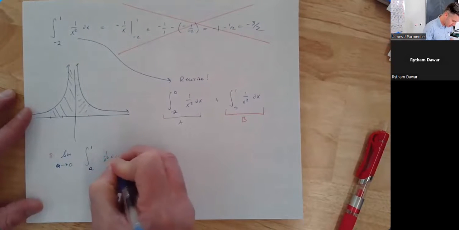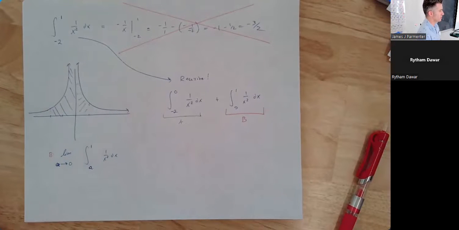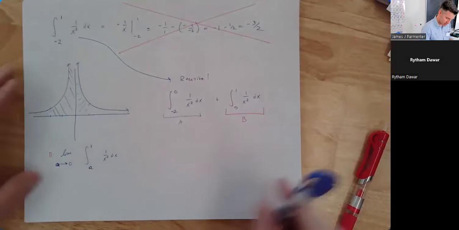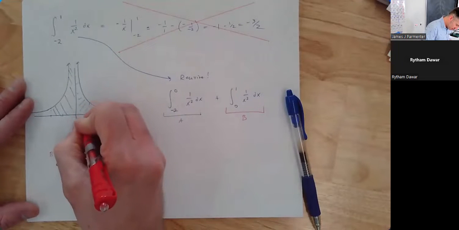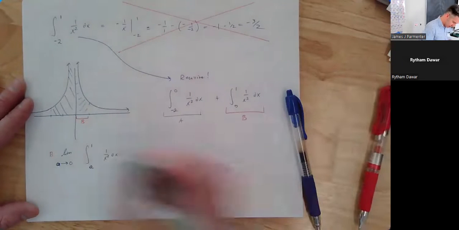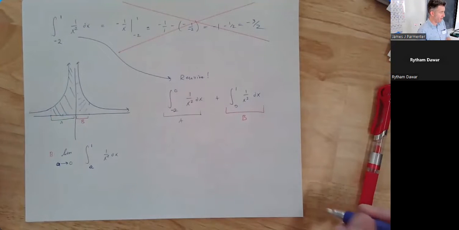Am I approaching zero from the right side or the left side? Wait, which one? I'm doing B here. So here's section B, and here's section A. For B, am I approaching zero from the right or from the left?